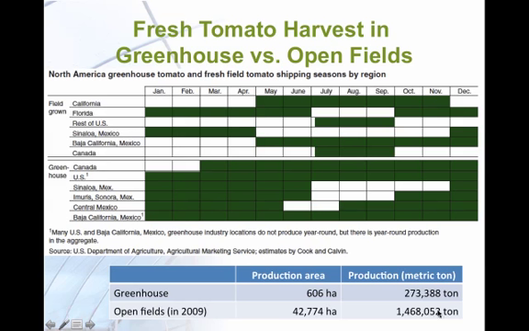However, if you take a look at production, the ratio, the greenhouse productivity is about 20% of what open field does as a total. This means that the productivity of greenhouse, the tomato fruit production per acre, is many times greater than that in open field.